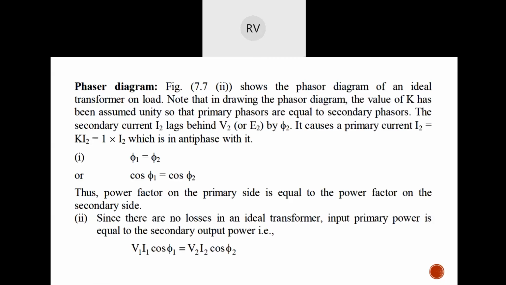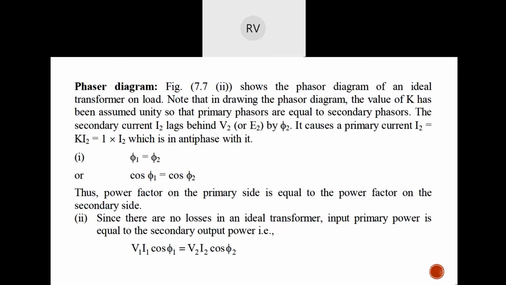Now here he is going to give us a brief description of the phasor diagram. Figure 7.72 shows the phasor diagram of an ideal transformer on load. Note that in drawing the phasor diagrams, the value of K has been assumed to be unity so that the primary phasors are equal to the secondary phasors.